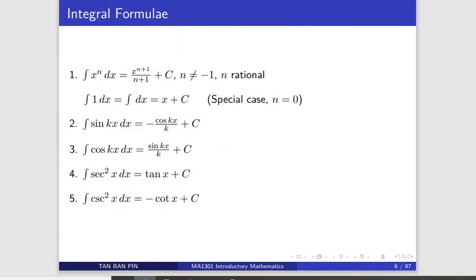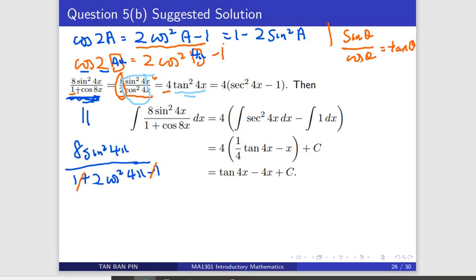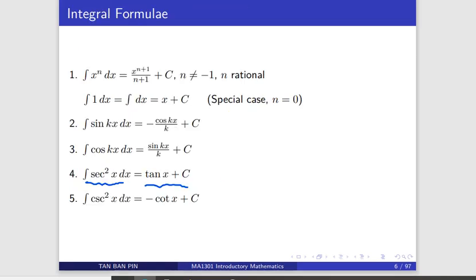Remember, integrating secant squared x gives you tangent x plus c. So that's the reason why we want to change tangent squared 4x to secant squared 4x minus 1, so that you can integrate using formula 4.